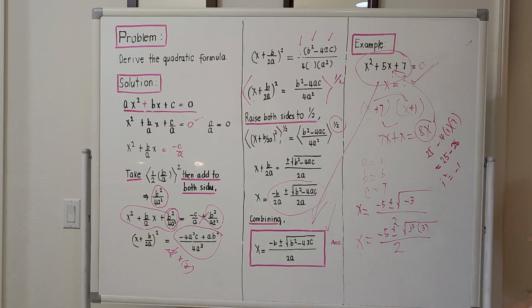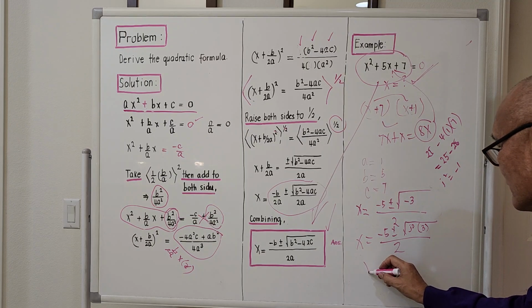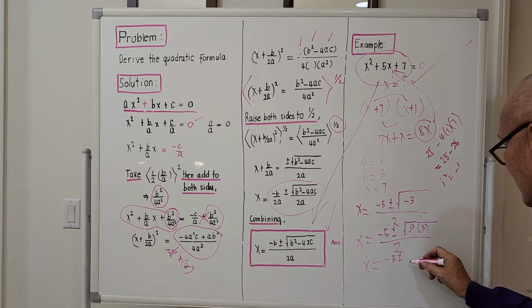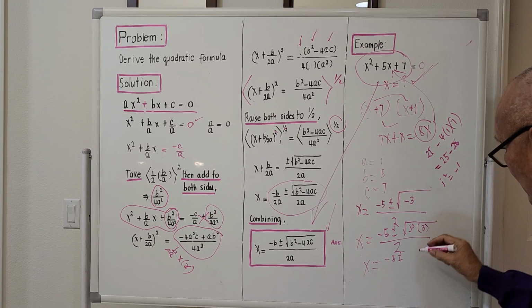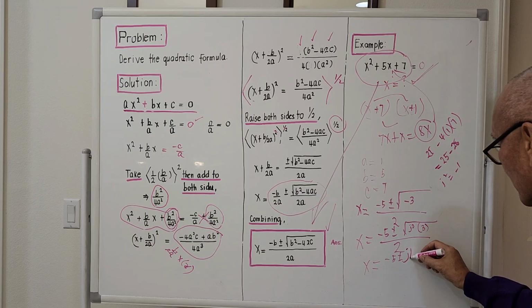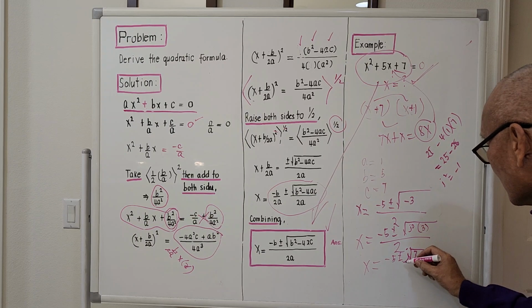So actually what comes out will be a complex number. x now will be equal to negative 5 plus or minus the square root of j squared, which is j, and the square root of 3 is just the square root of 3, all over 2.